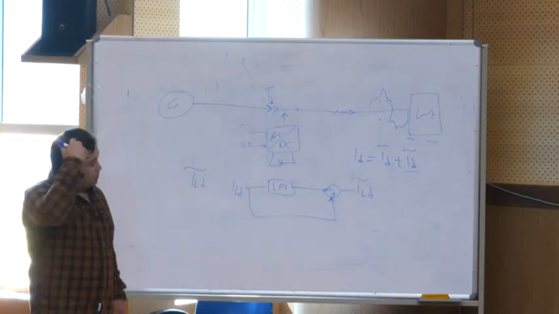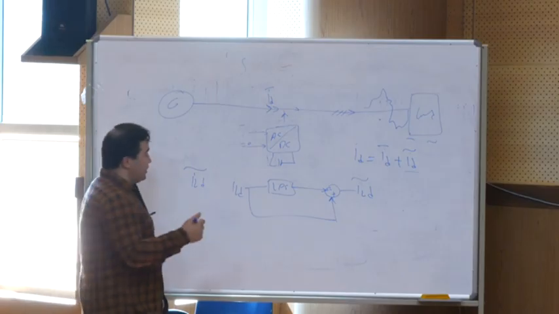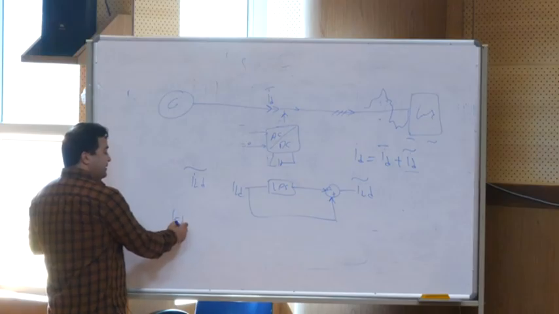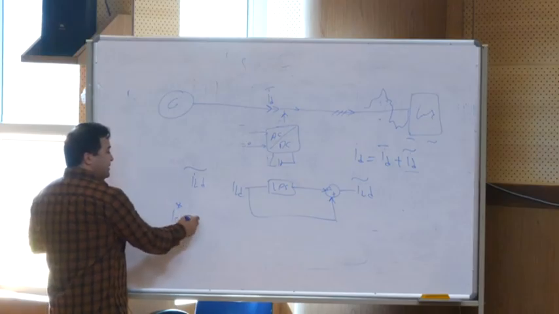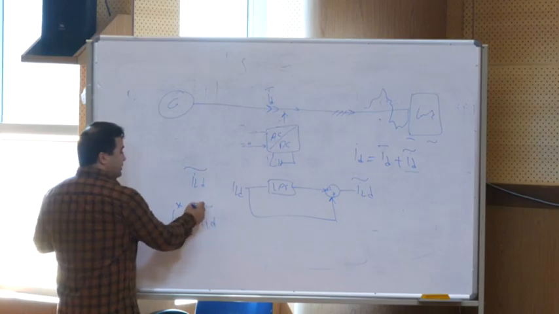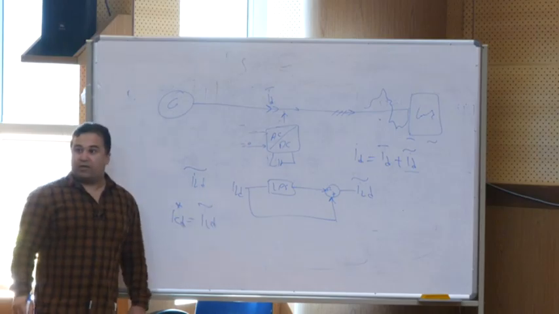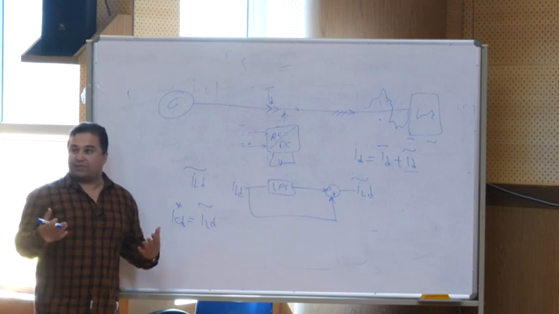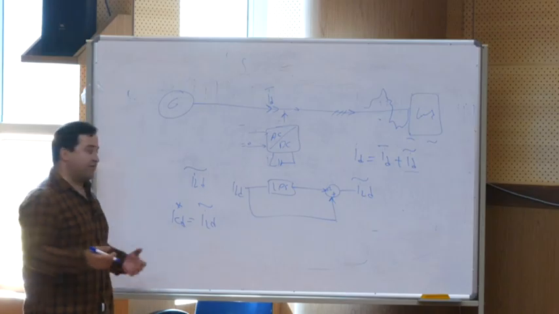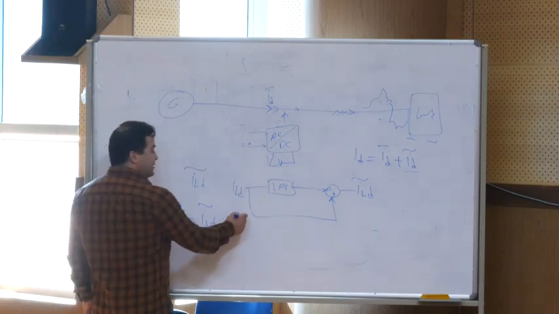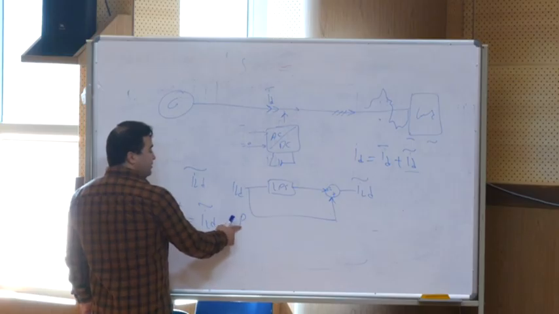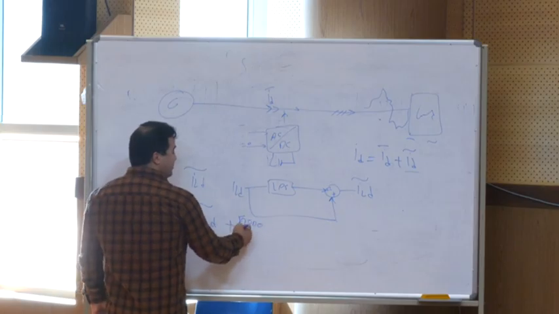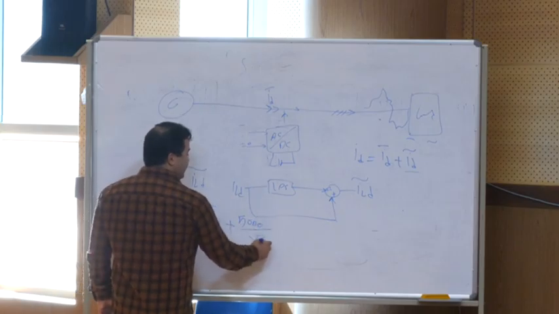So now I said, okay, ID reference is ILD. But then I said, okay, still you have more possibility to compensate some part of the active power. So I said, okay, plus P fundamental frequency. How much? For example, 5,000 watt over VD.